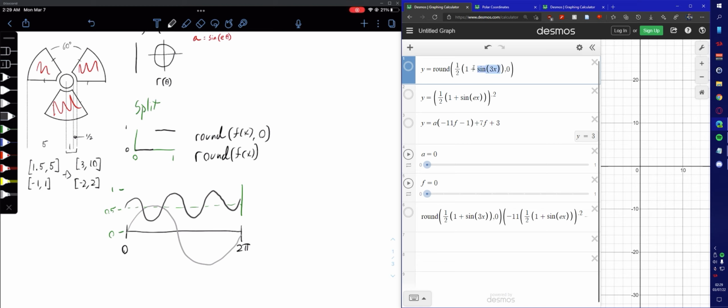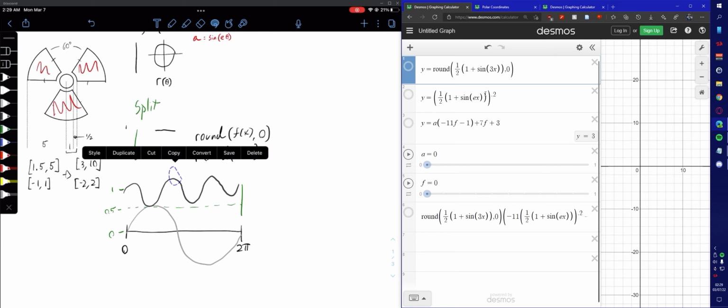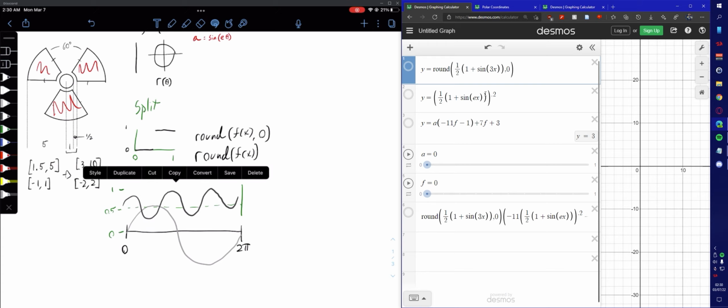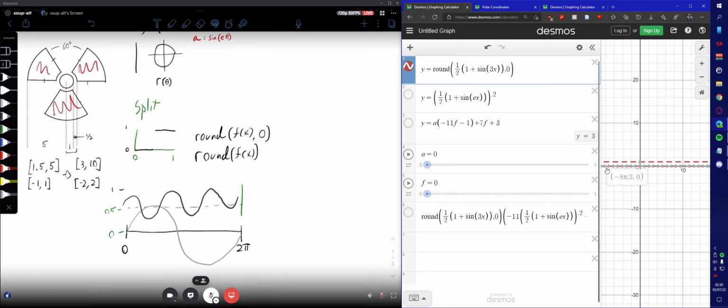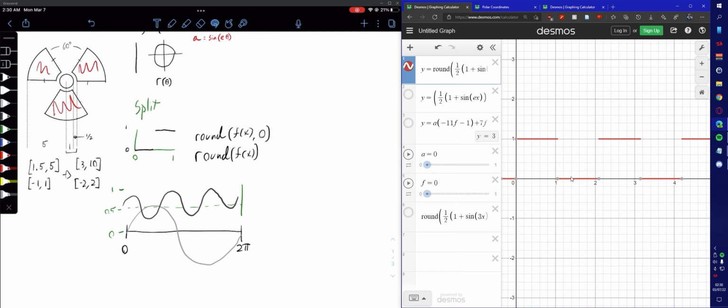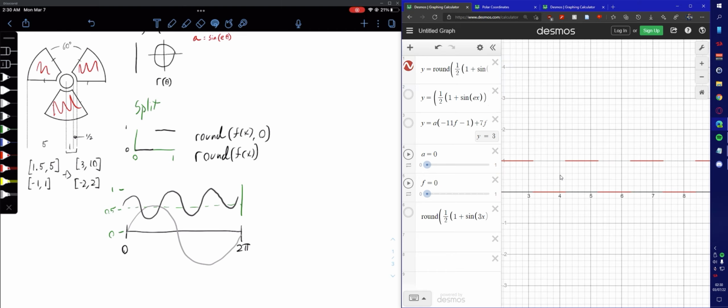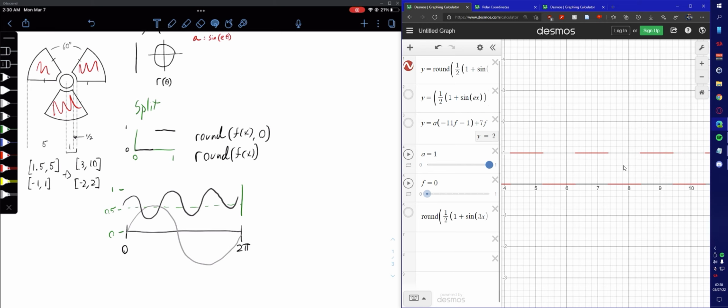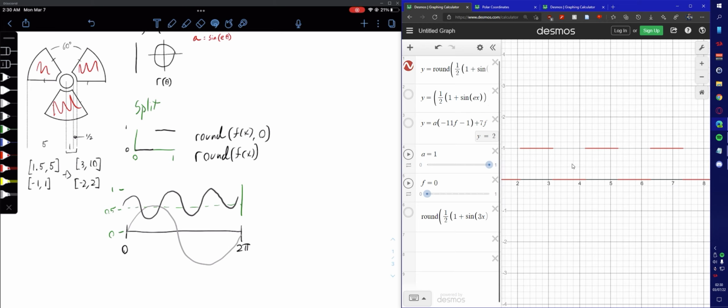We have our sine function, and I've taken out the 1/2, but it's 1/2 and add 1/2. Because if we add 1, it's up here. You only get 1 or 2 for these little points up here. So if I graph this function, and I zoom in over here, it goes between 1 and 0 repeatedly. 6 times every 2 pi.